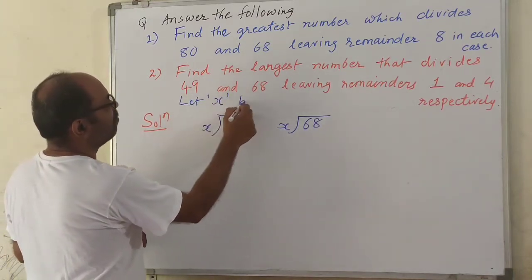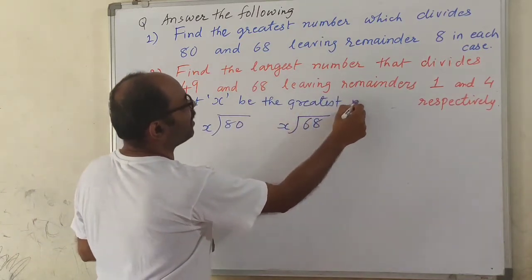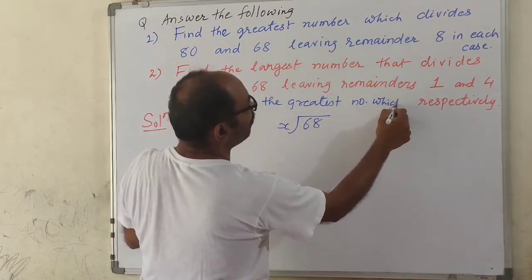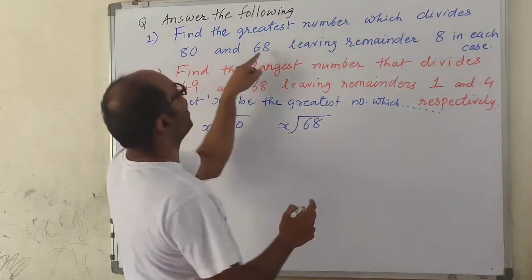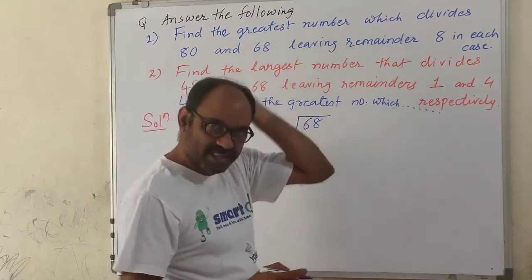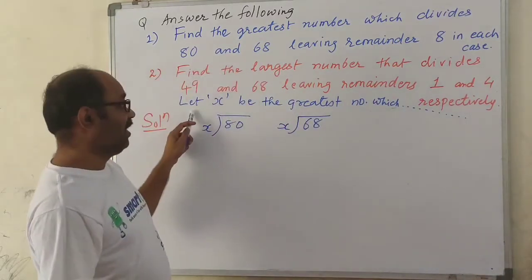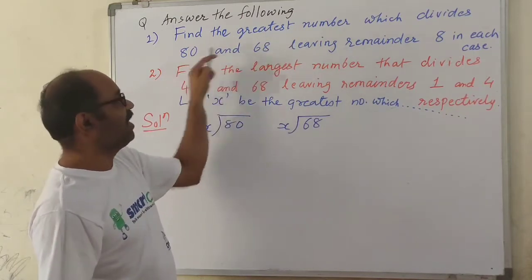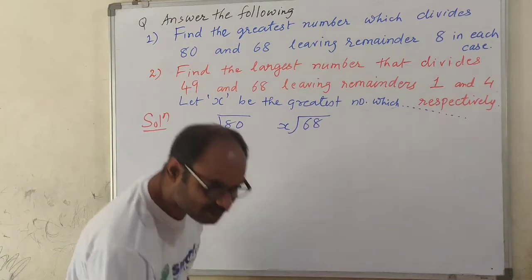Let x be the greatest number which divides 80 and 68, leaving remainder 8 in each case. Are you getting me?